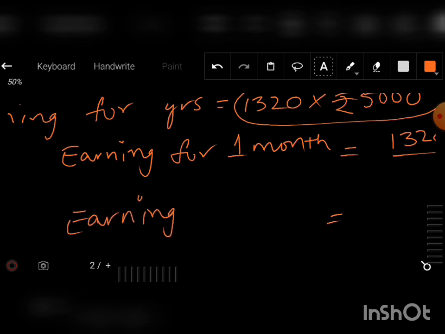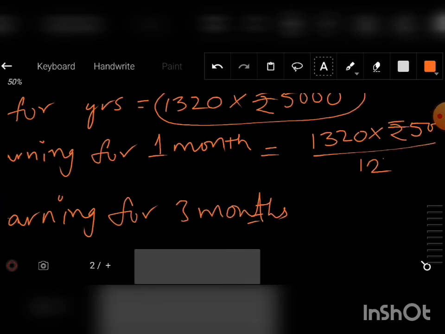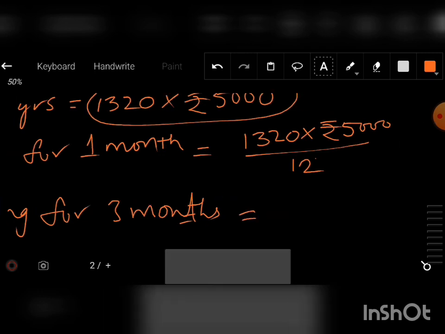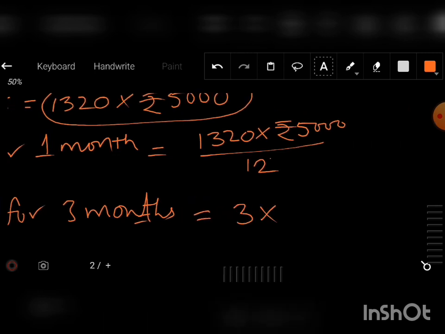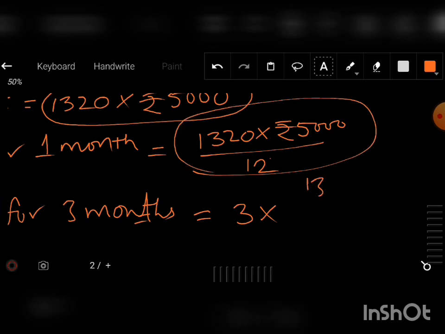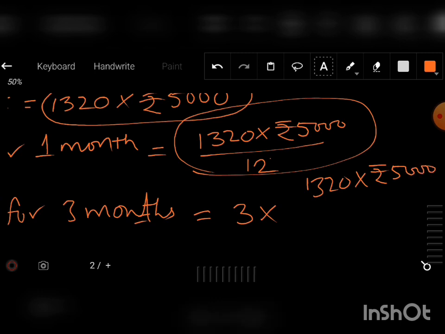earning for 3 months. It is asked to find out the earning for 3 months. So 3 into the earning for a month, which is 1320 into rupees 5000 by 12.